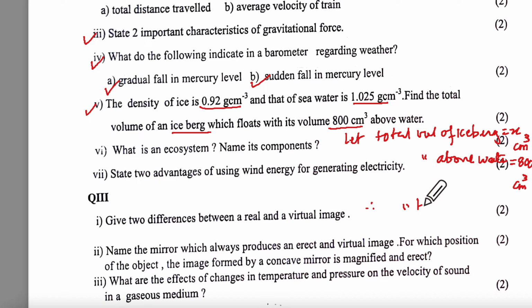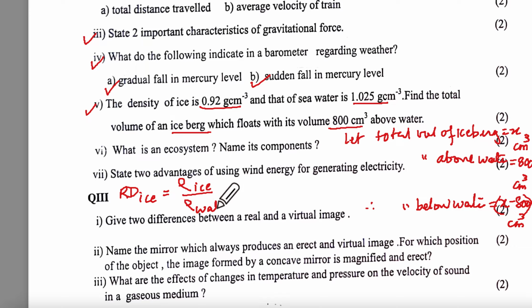Therefore volume below water, means submerged, is going to be x minus 800 centimeter cube. Okay, then which formula are we going to use? We are going to say relative density of ice will be what? Density of ice upon density of water is equal to small v, means volume immersed, upon total volume.